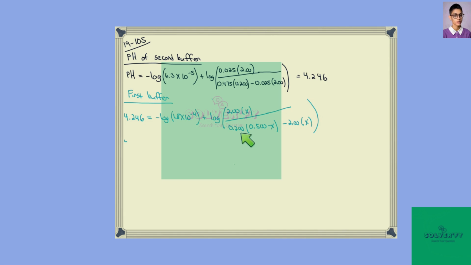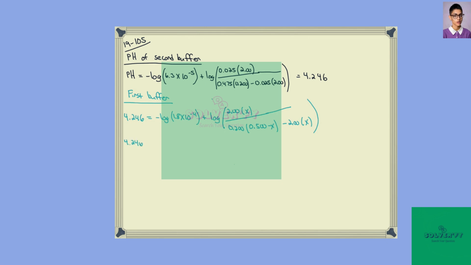So this will be the original moles of formic acid before adding the sodium hydroxide. We will then subtract off the moles of sodium hydroxide added, because for every mole of sodium hydroxide added, we'll consume a mole of formic acid and create a mole of formate. So this is the setup.